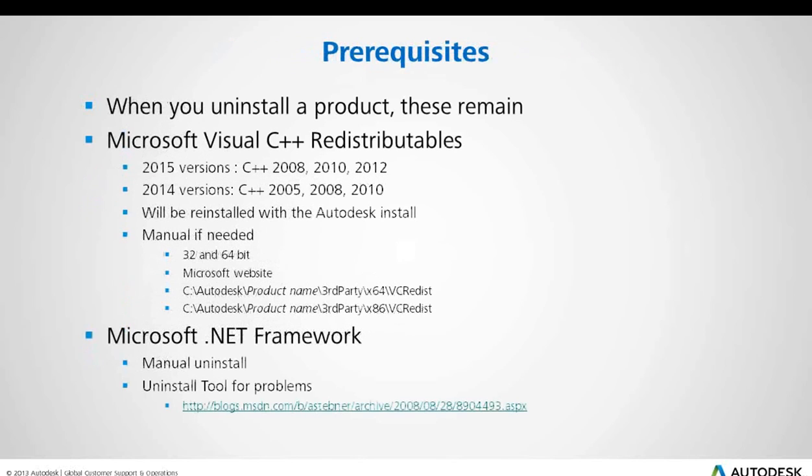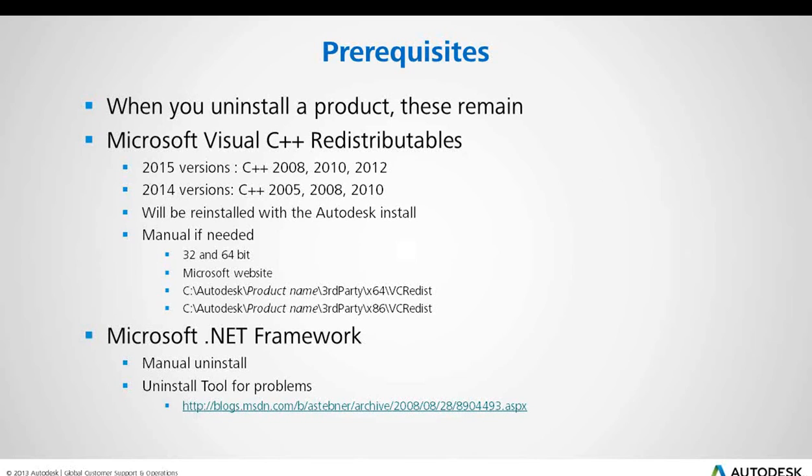And as far as the prerequisites, these are programs from Microsoft, so these aren't actual Autodesk programs, but Autodesk software relies on these to be installed before the Autodesk software can be installed. So during the installation of the Autodesk software, it will actually run the installers for these also. We include them in our installation, but they're not actually Autodesk software.